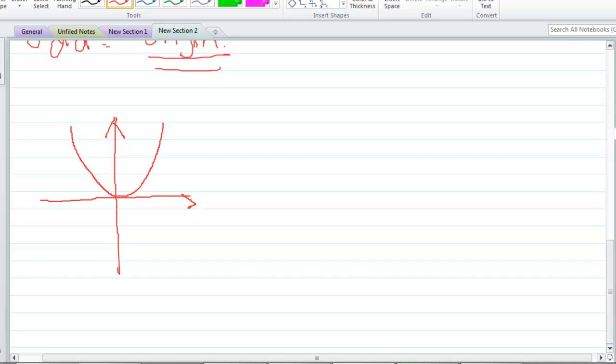Basically, f(x) equals x squared. It will look like this. It's an even function, symmetrical with the vertical axis. In this case, this is our f(x) and this is our y. x is our domain. This is the y-axis. That's an even function.